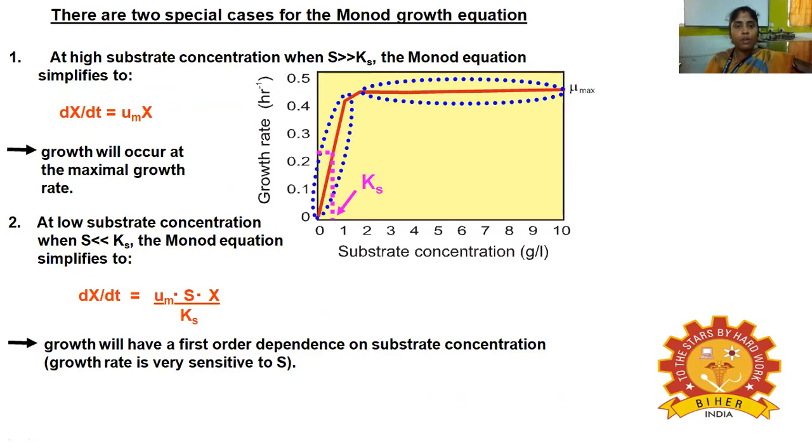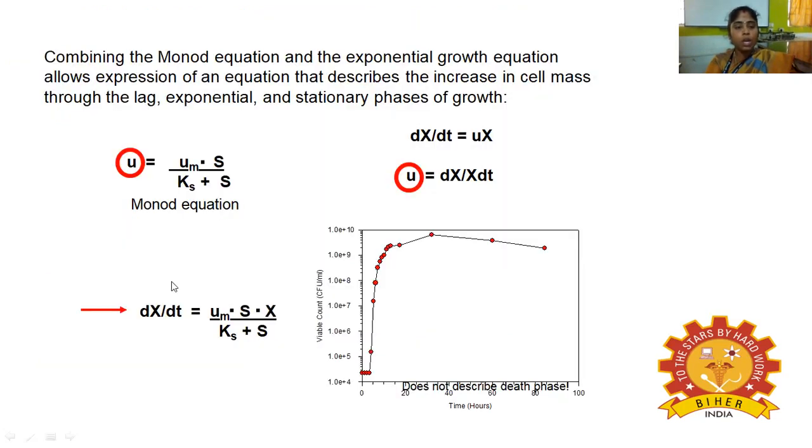So for the Monod growth kinetics equation, we have two special cases. The first case is when your substrate concentration is high compared to your Ks value, that is the specific substrate rate constant.